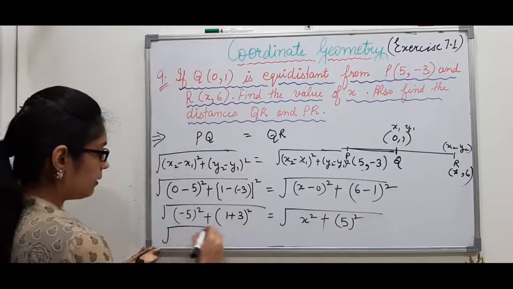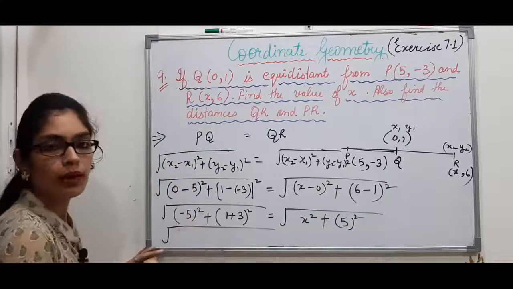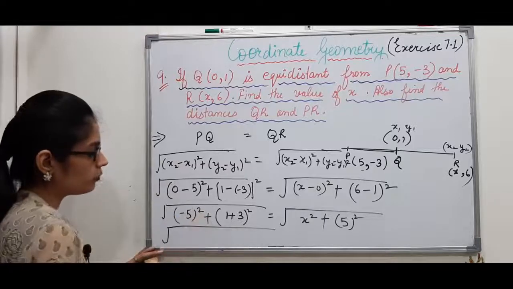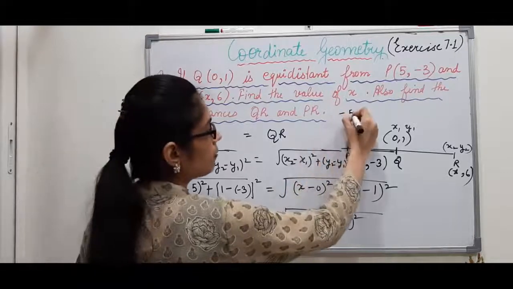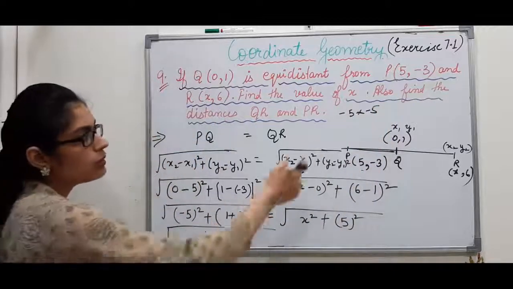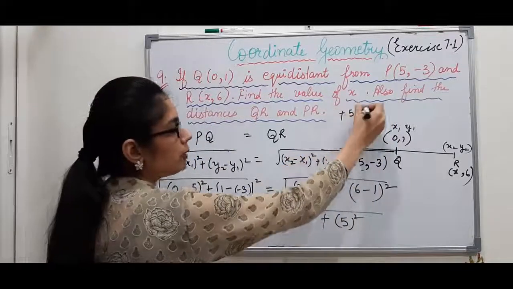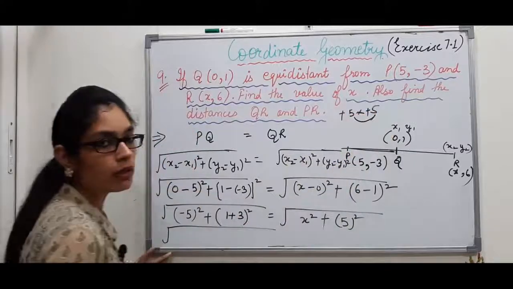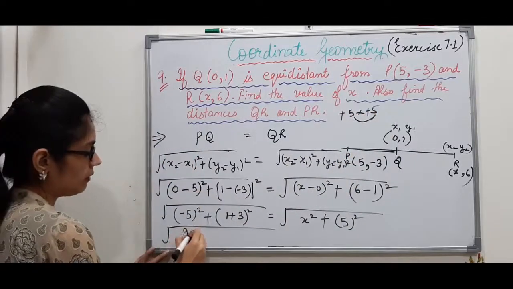So I will get square root of minus 5 whole square, sorry. So minus 5 into minus 5, minus and minus sign will get cancelled. 5 into 5, it is 25.